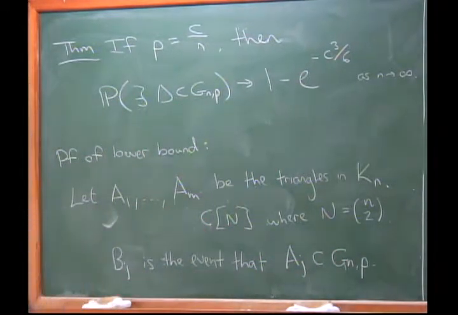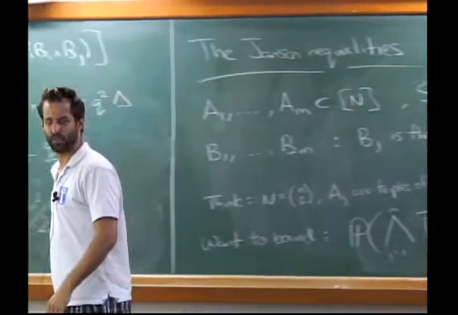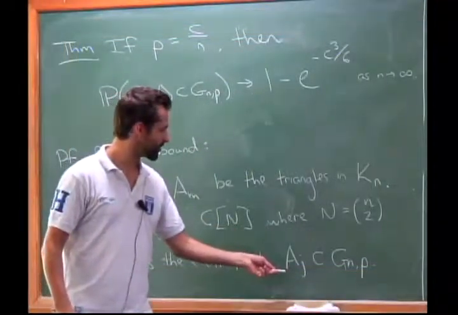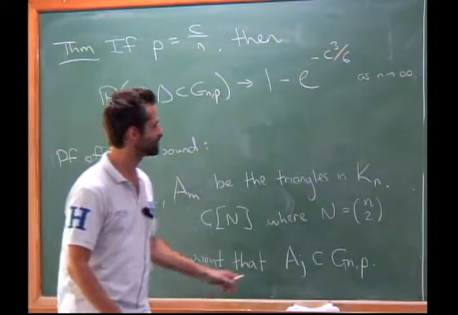So we pick a random graph G(n,p), which is the same as picking a p-random subset of 1 up to capital N. And Bj is just the event that this triangle occurs in G(n,p). Okay.